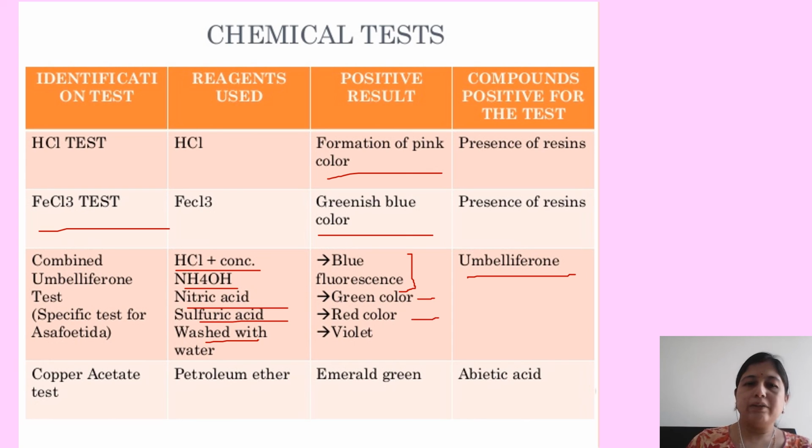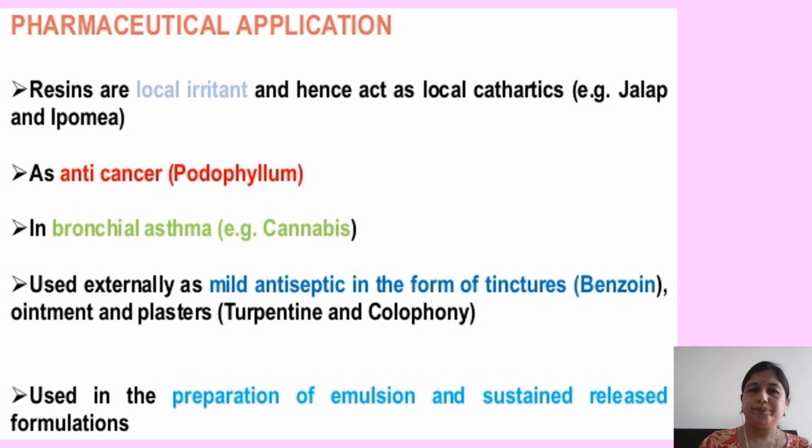With sulfuric acid, we get red color, and when we wash it with water, we get a violet coloration. The next test is the copper acetate test, which is generally done for abietic acid. We take a petroleum ether extract of resin, add copper acetate to it and we get an emerald green color.